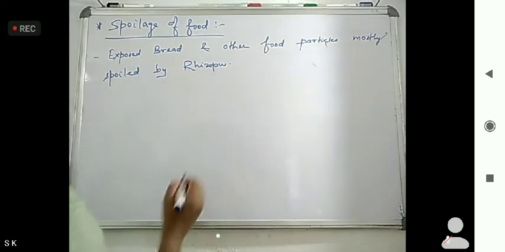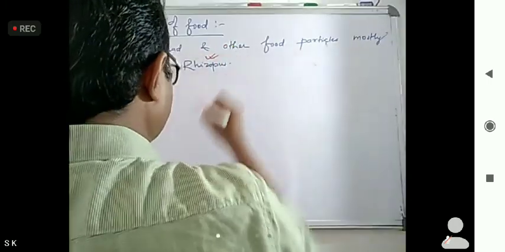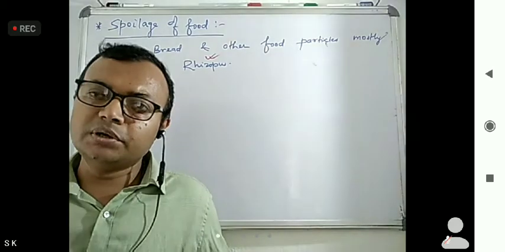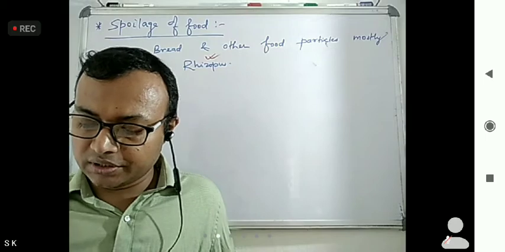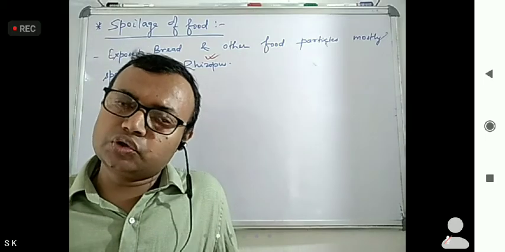Okay, so mostly this is spoiled by which one? That is spoiled by rhizopus. So this is their importance. Okay, they are disturbing, they are destroying. Next is what? This also attacks sweet potato.